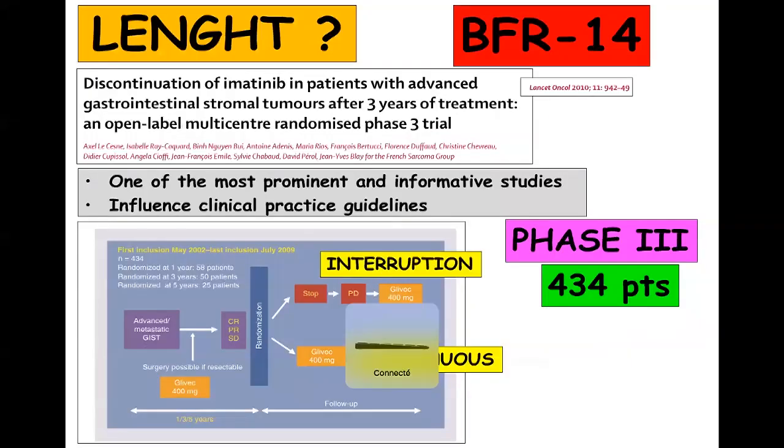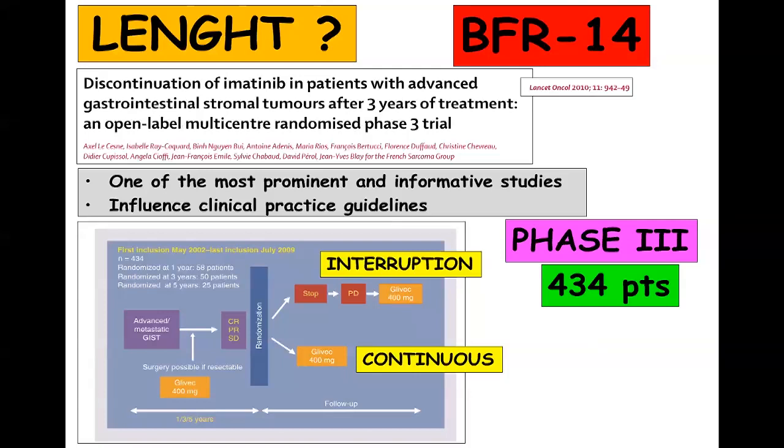What is the best length of treatment with imatinib? And we have the result of this very important trial, the BFR 14, published in several papers, in several journals, and this is the Lancet Oncology.